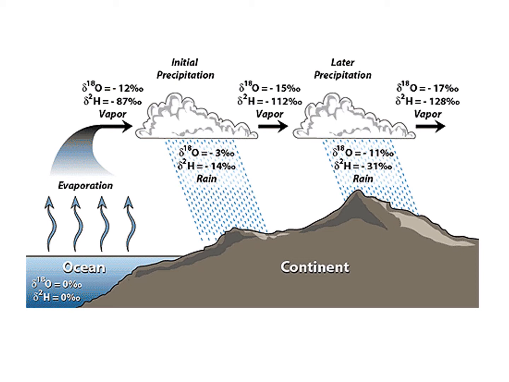And the snow that will fall from this vapor over the North Pole or the South Pole will be isotopically relatively light, lighter than these values here.